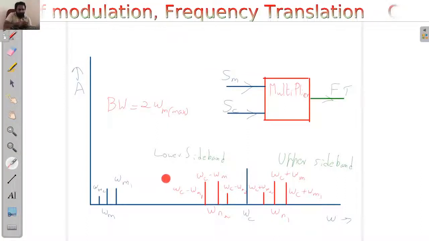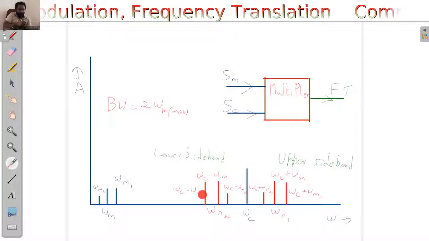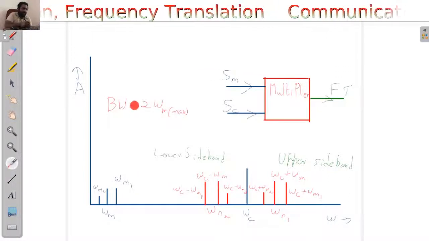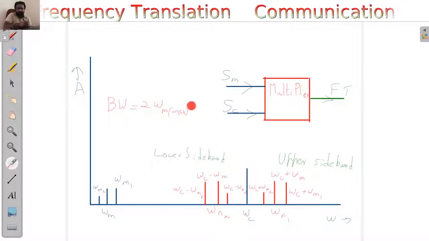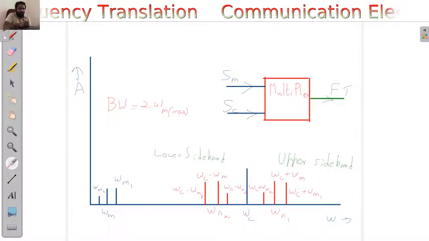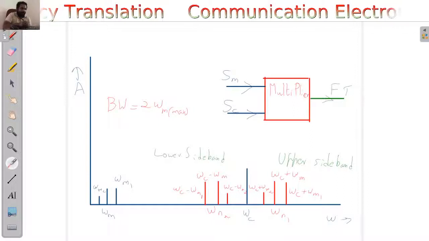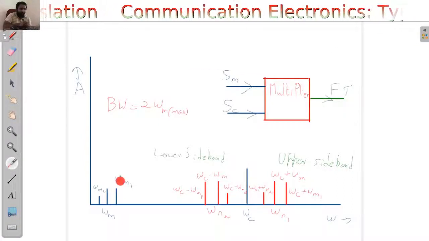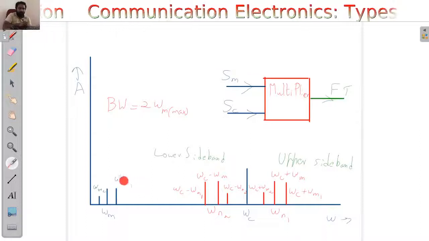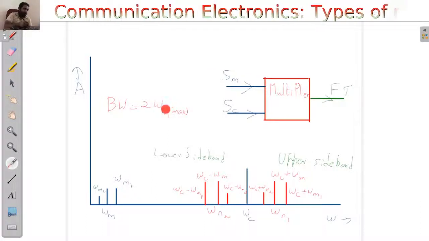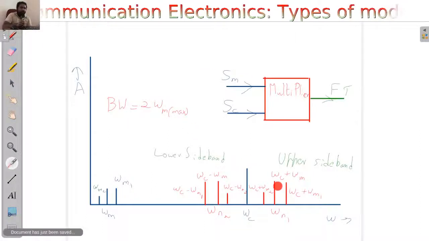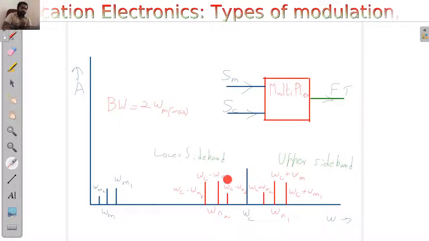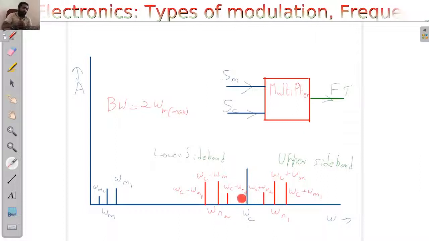So corresponding to that highest frequency, we should check what the bandwidth is. You can say that the bandwidth of a frequency translated signal is defined by 2 times omega m max. In our case, omega m max is represented by omega m1. So this is the bandwidth that is required for transmission.